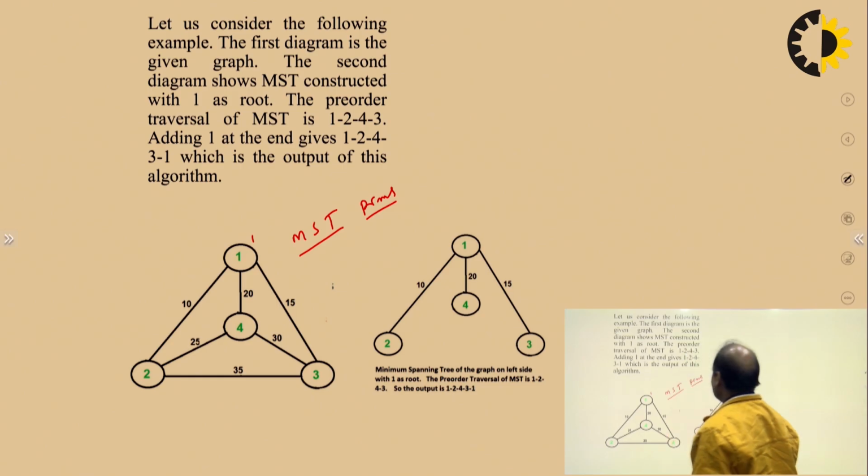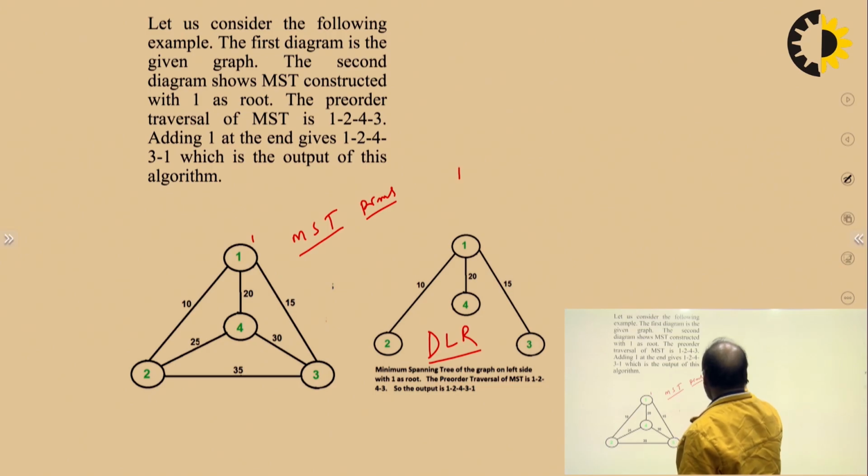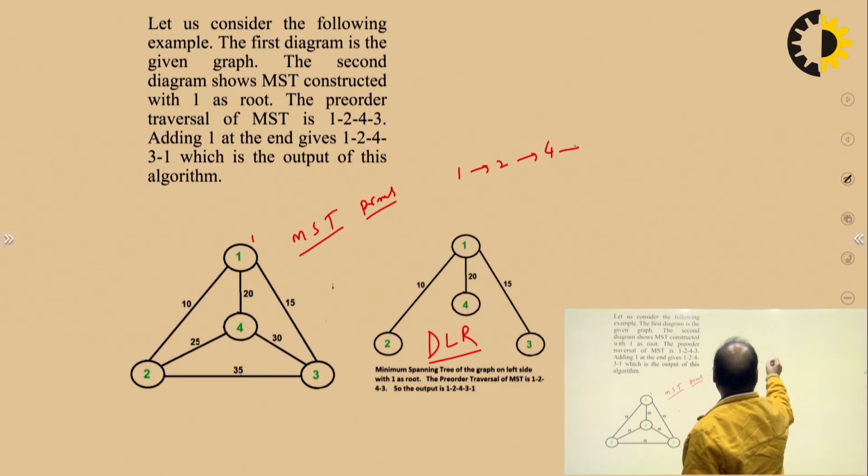After taking this MST, take the pre-order traversal, the DLR traversal, right? Once you are done with the DLR traversal, you will see that this path is going to be near optimal. See here, data, left, right. So 1 data, then go to 2, and then 2 to 4, and then 4 to 3.